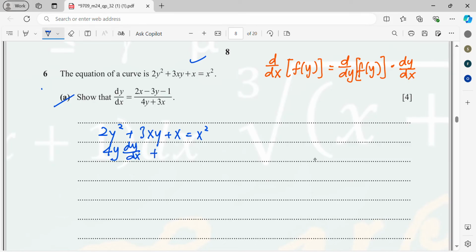Plus the next one is 3xy. I will treat this as two terms, u and v. That is the product rule. When differentiating uv, where u and v are functions of x, that is u v prime plus v u prime.